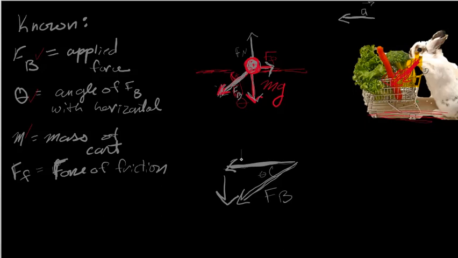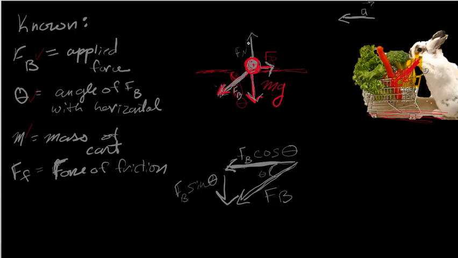The part closest to the angle is going to be the force of the bunny cosine theta. And this one on the other side is the force of the bunny sine theta. So you have these two forces acting on the cart.